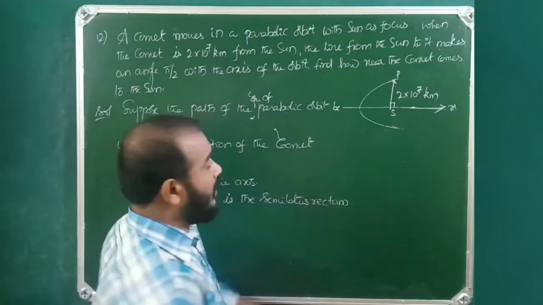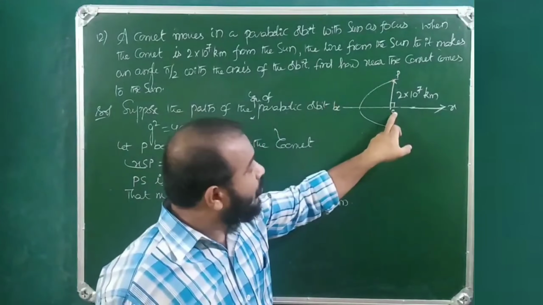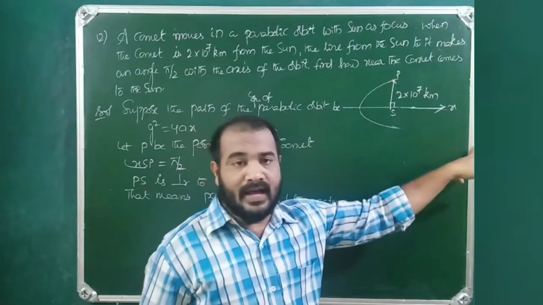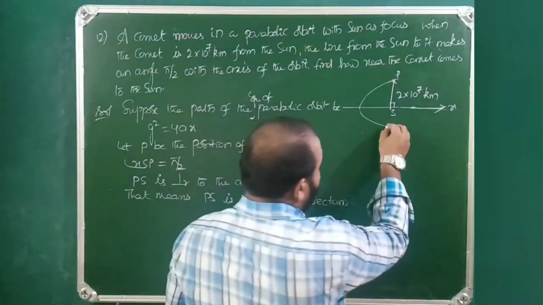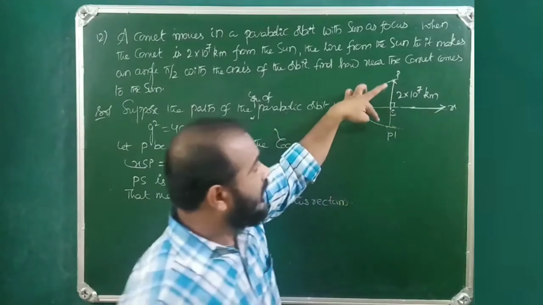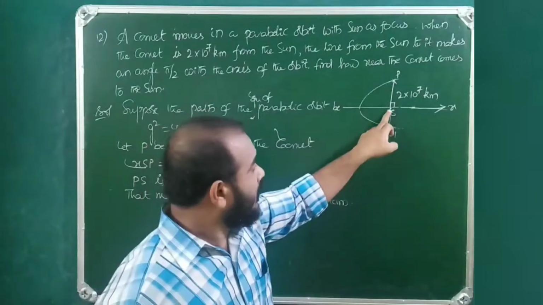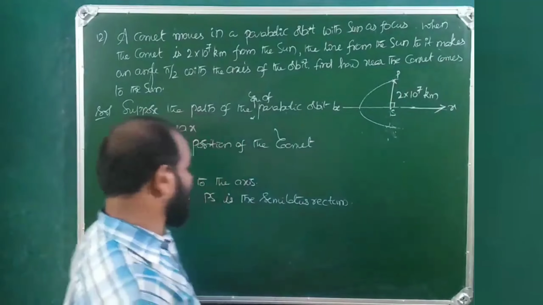Because what is latus rectum? The chord passing through the focus and perpendicular to the principal axis is the latus rectum. So P dash is the total length of the latus rectum, but here PS is the semi-latus rectum.